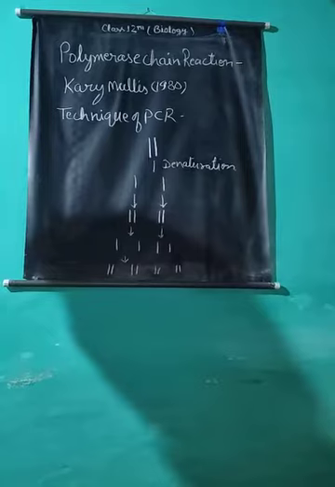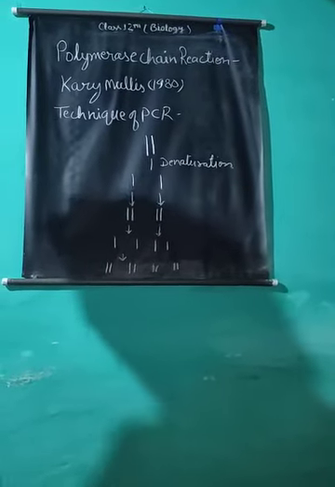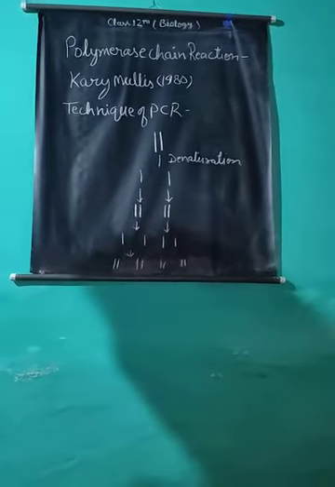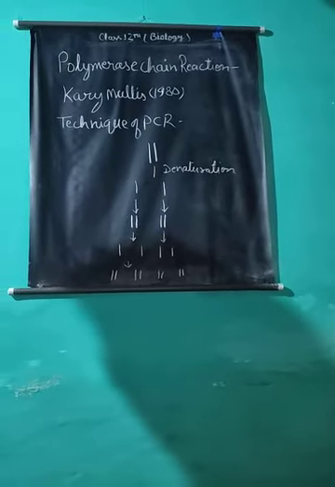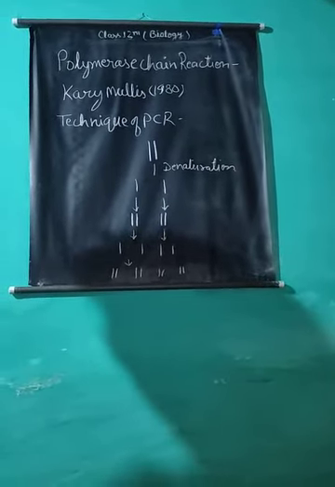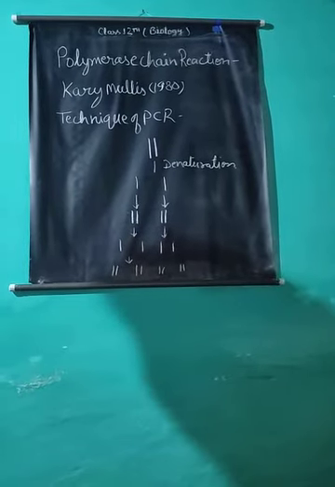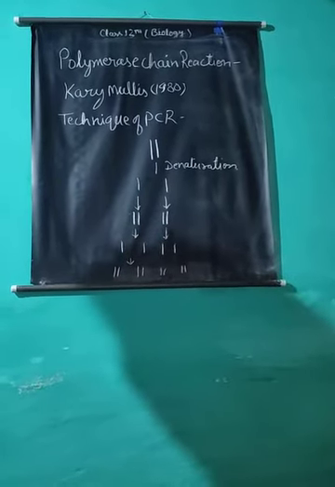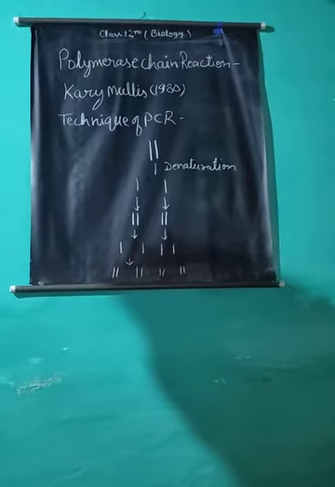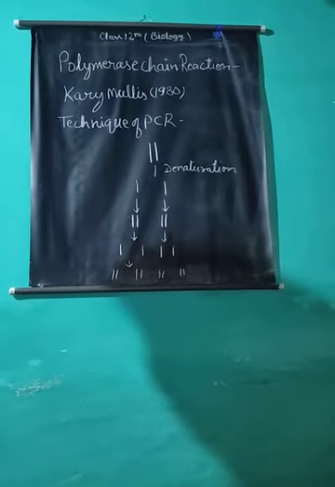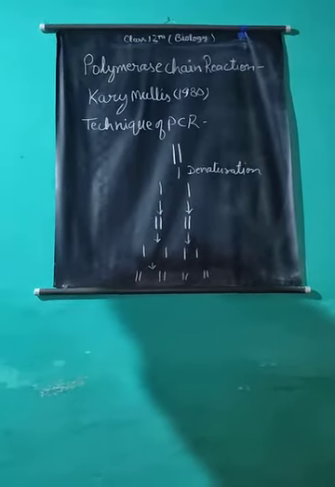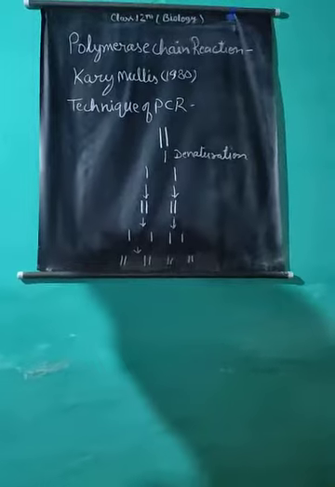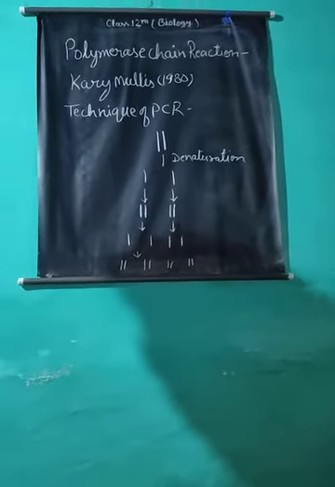First step is denaturation of the DNA sample in a reaction mixture at 94 degrees centigrade. During this step, DNA strands get separated. Second step, renaturation. Temperature is lowered to 50 degrees to allow the two oligonucleotide primers to anneal or to bind to the complementary sequence in DNA molecules.